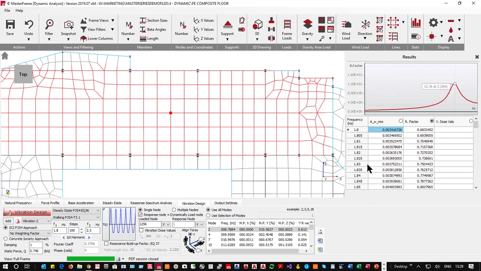So if we come all the way down here to the 2.2, we'll see we're getting 12.36. In fact, that is the more accurate. Yeah, 12.36 is our response spectrum, exactly at the 2.2 hertz. So that's the second case we're looking at.